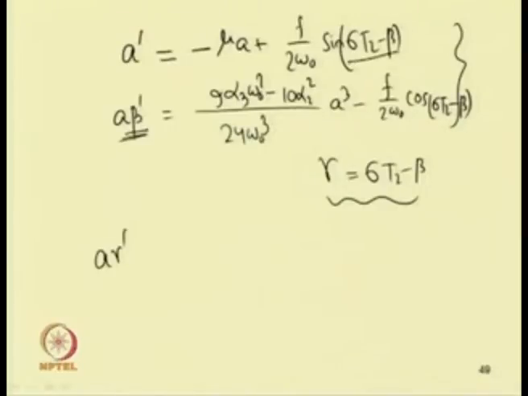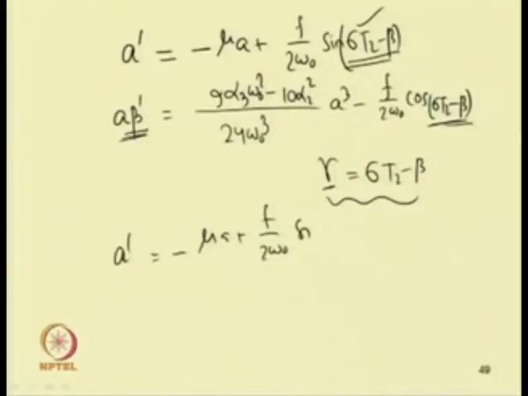This is written in non-autonomous form, that is, in terms of t. To remove this t, we can write the equations in autonomous form by introducing gamma equal to sigma T 2 minus beta. Then the first equation becomes A dash equal to minus mu A plus f by 2 omega 0 sin gamma.